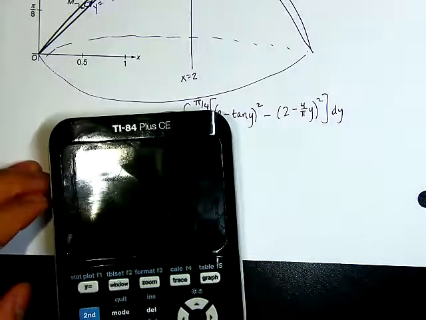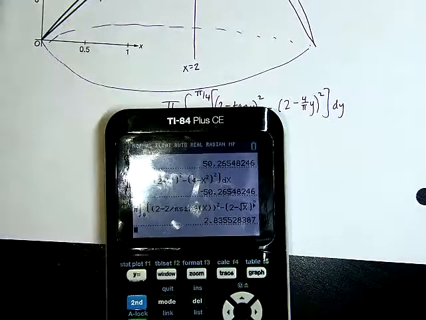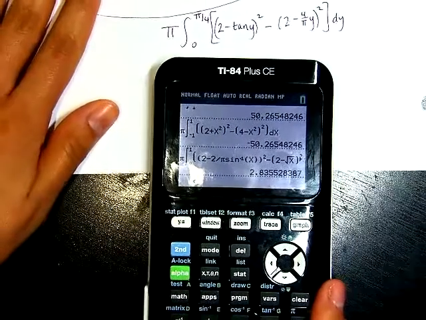Again, in your calculator, you can put in x's. Because we set it up with respect to y, we can change the variable just like we do with u substitution.